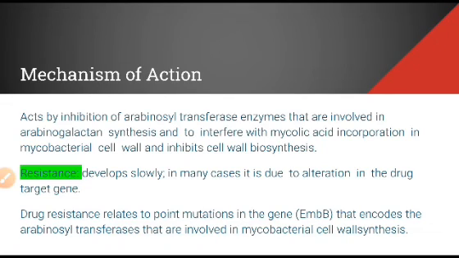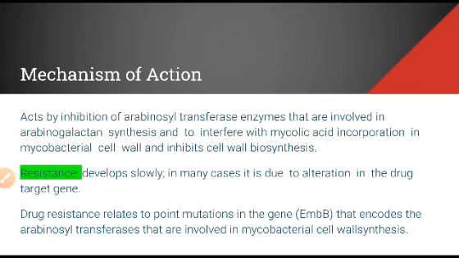We'll see the mechanism of ethambutol. It acts by inhibiting the arabinosyl transferase enzymes that are involved in arabinogalactan synthesis. You remember the diagram where I showed you the cell wall structure. So it is inhibiting the arabinogalactan synthesis and interfering with mycolic acid incorporation in the mycobacterial cell wall.